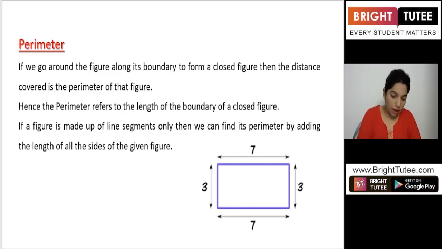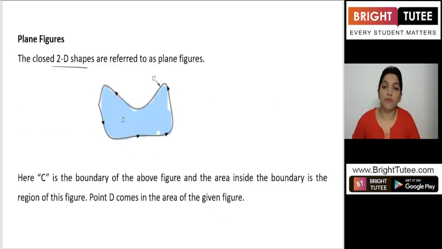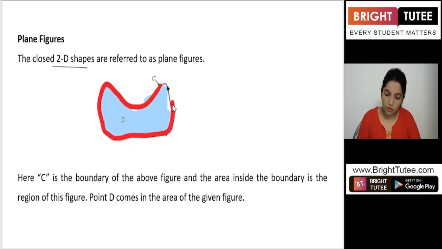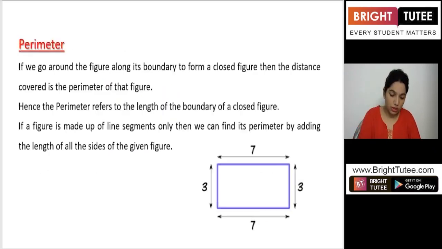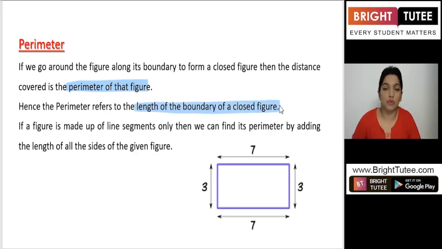Where is the boundary of this shape? Everything you see here comes in the boundary of this shape. When you are going around a figure along its boundary, you are going around its perimeter. Hence, perimeter refers to the length of the boundary of the closed shape.